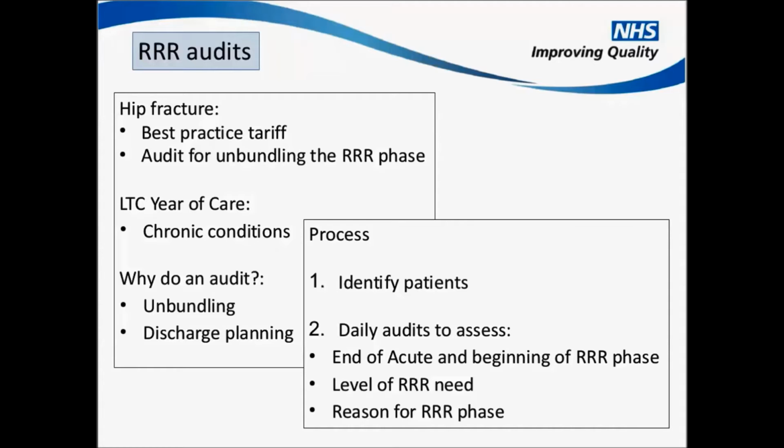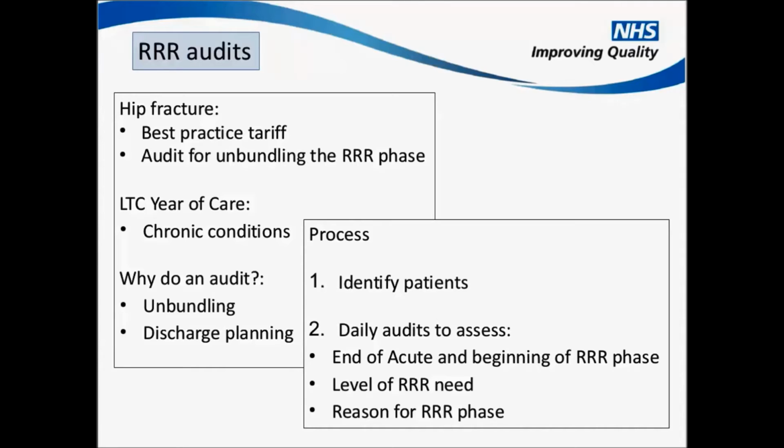The reasons why the early implementers were keen on carrying out this audit, I think this is the crux of what we're talking about. So nationally, as I said, their main point of view was looking at the acute tariff and whether you could unbundle some of that acute tariff for RRR services.